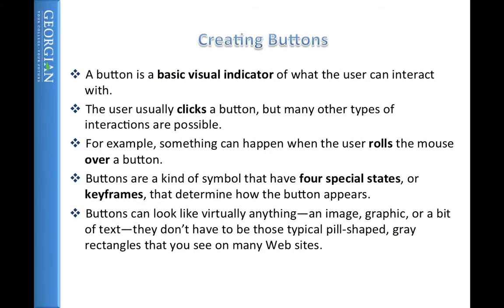And I like what it says here about buttons being a basic visual indicator. It doesn't matter whether you wire it here in Flash or you do it in JavaScript or you do it in Objective-C. Whichever way you wire up a button, it's kind of the same way. You have an asset, the button, which is a visual representation of something that the user can interact with.